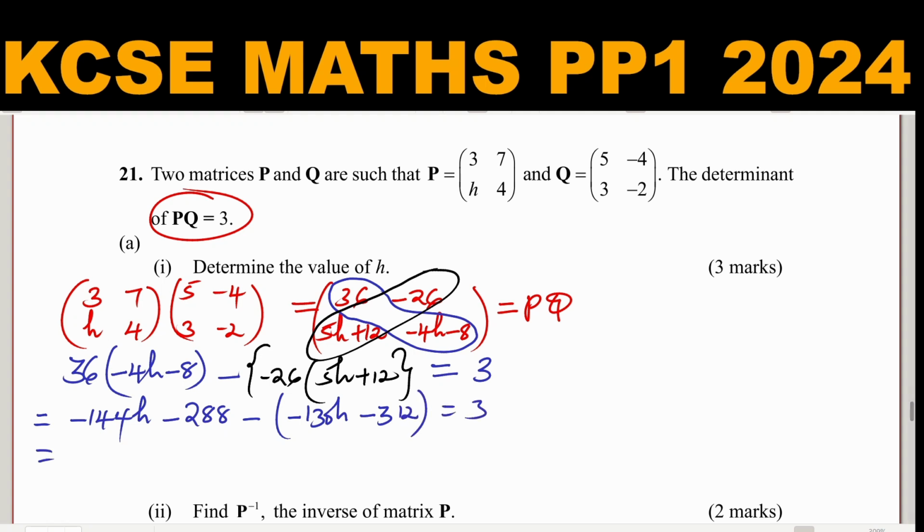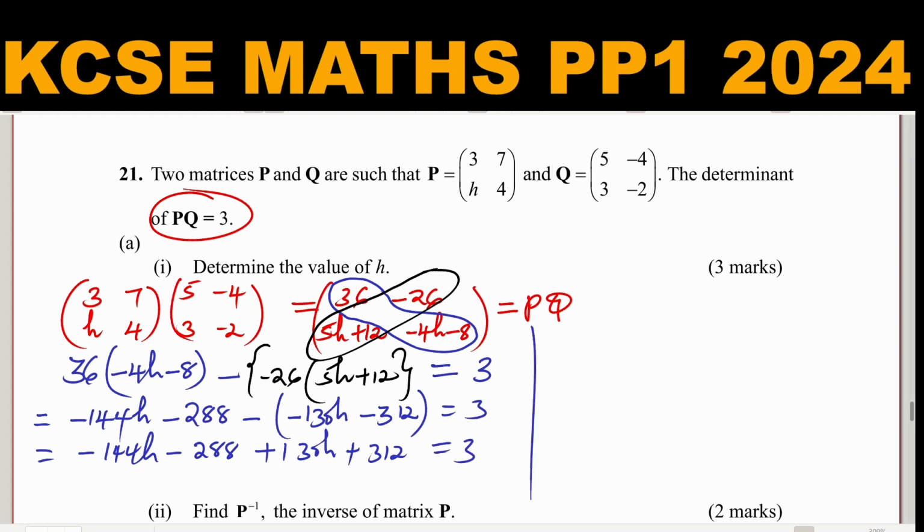Continue. So this is negative 144H, subtract 288, then open the bracket here, you get plus 130H plus, you need to be very careful when opening the bracket. These negatives, when you multiply them, they will give you positive, 312, is equal to 3.